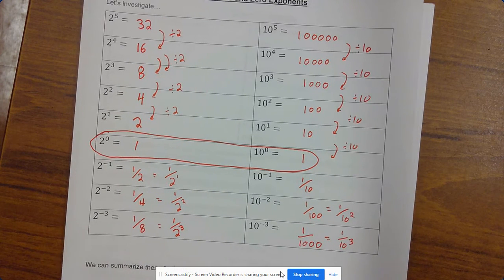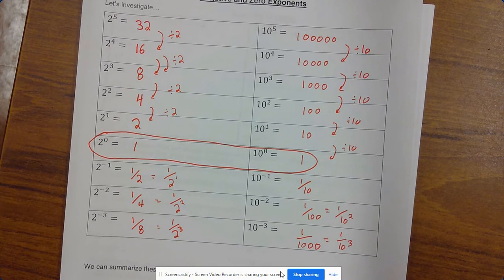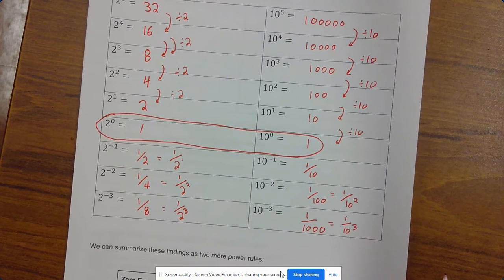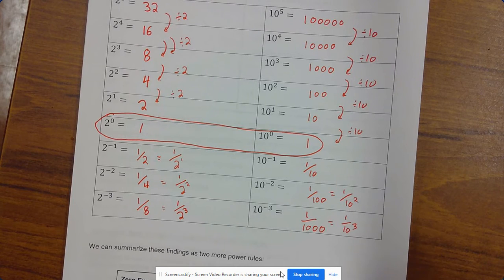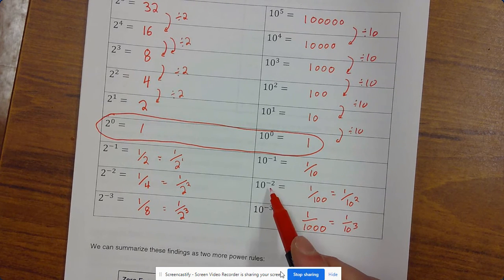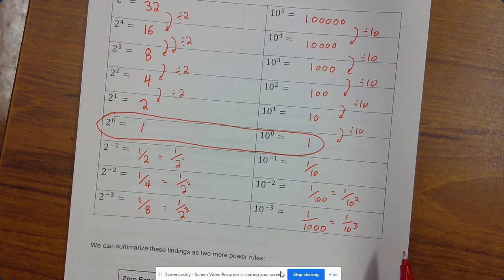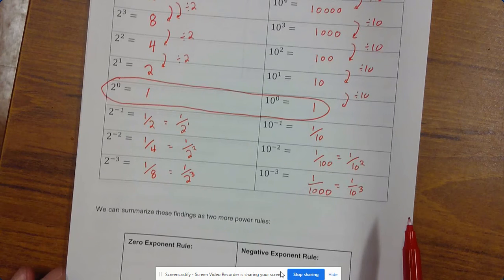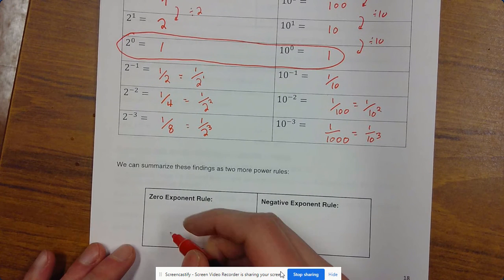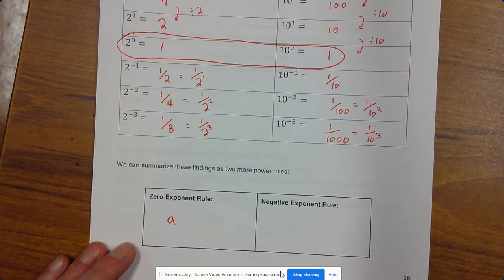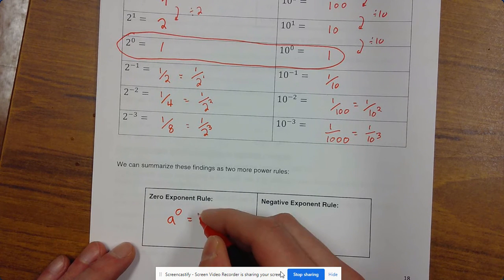So just by following patterning, we've been able to figure out what zero and negative exponents evaluate to. So it doesn't always make sense to think about repeated multiplication anymore. I'm not multiplying this negative 2 times. But we've learned these two rules. The first rule is any base, I'll use a to represent any base, raised to the power of 0 is 1.